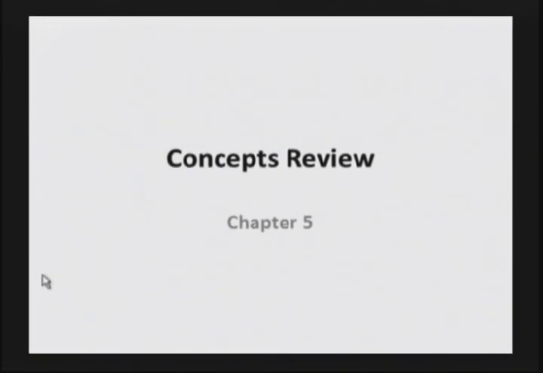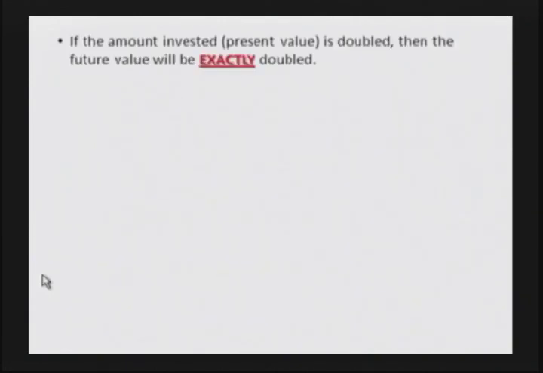Concept review for Chapter 5 consists of a lot of the time value of money relationships, and sometimes we'll need to write an example or create an example and see if the calculations confirm what we think might be the answer. So the first one says if the amount invested is doubled, then the future value will be exactly doubled.